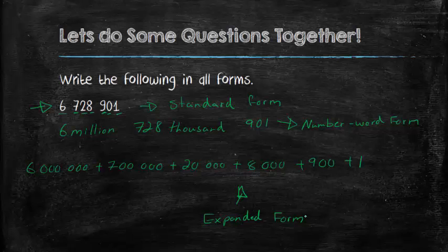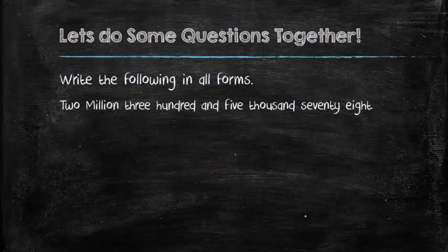Okay, let's do one more. Write the following in all forms. 2,305,078. Okay, well, this is already done, and yes, you guessed it, this is the number word form. So they've already done this for us.